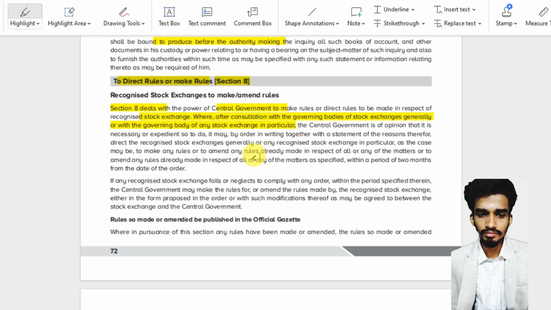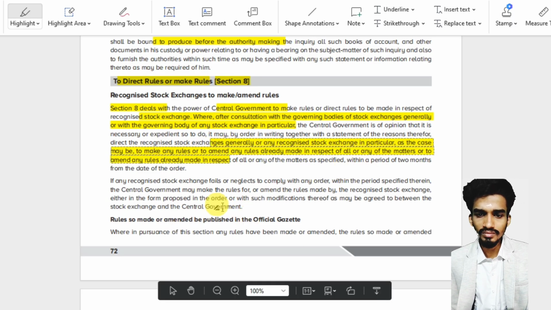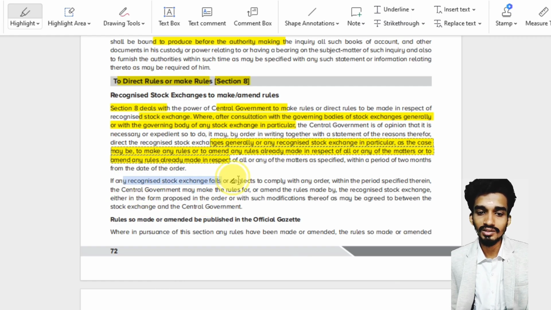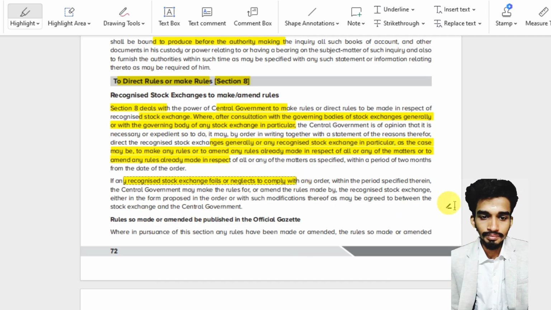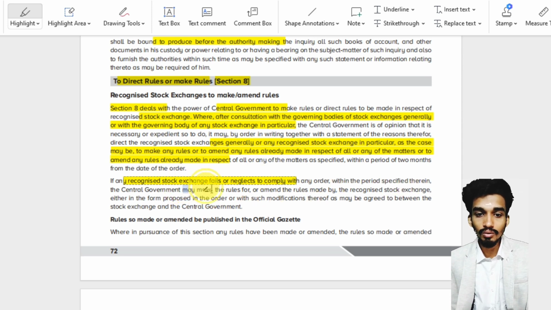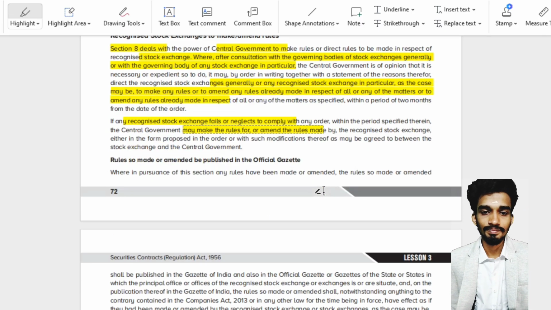Okay, so make any rules or amend, meaning changing any rules that have already been made. Okay, if any of the stock exchanges fails or neglects to follow such rules, the central government will mandatorily amend their rules.